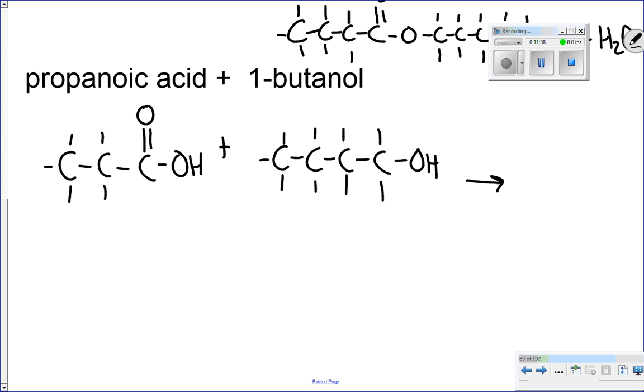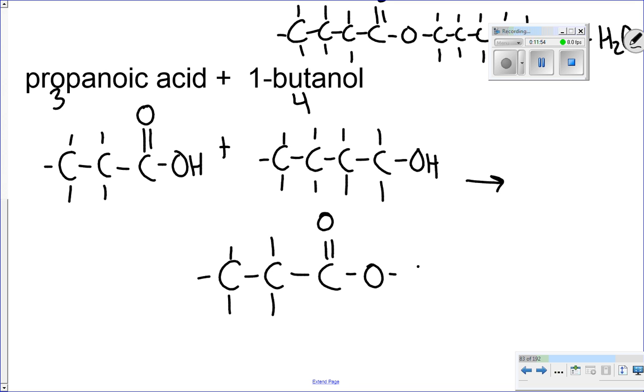So my ester, you can make a nice prediction here, is going to have 3 carbons and 4 carbons. It's going to have a total of 7 surrounding that functional group. On the side that will be attached to the double bonded carbon, we'll have my 3 that came from that original acid. On the other side, I have my other 4. And again, fill in those hydrogens. Our other product here is water.